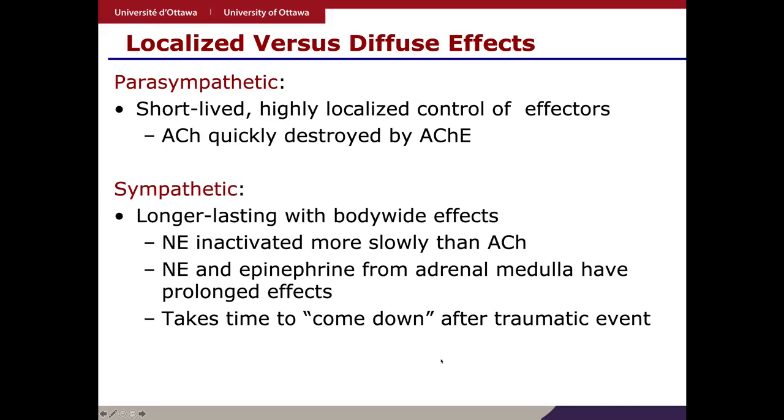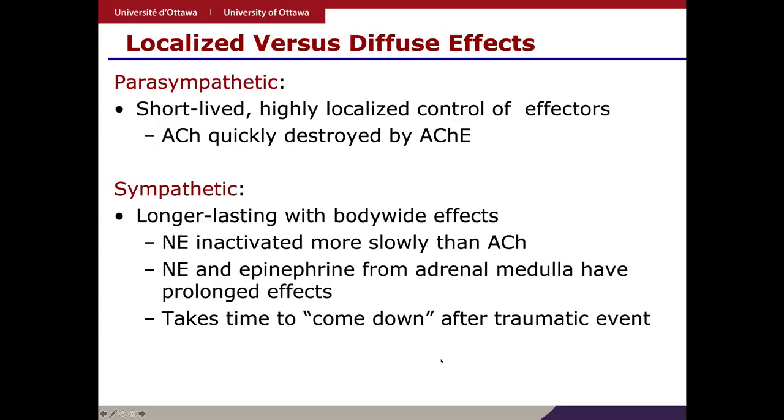Sympathetic activation produces much longer-lasting effects than parasympathetic activation. Adrenal medullary cells secrete epinephrine and norepinephrine into the blood when the sympathetic division is mobilized. These hormones reinforce and prolong the effects of the sympathetic nervous system.